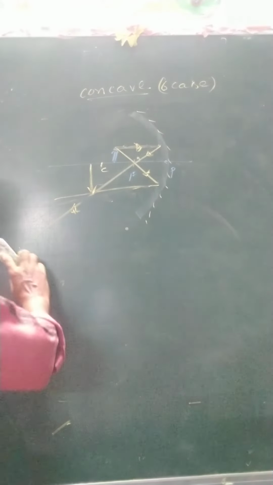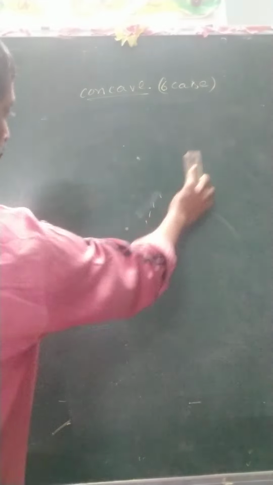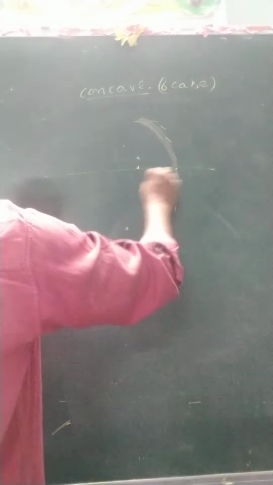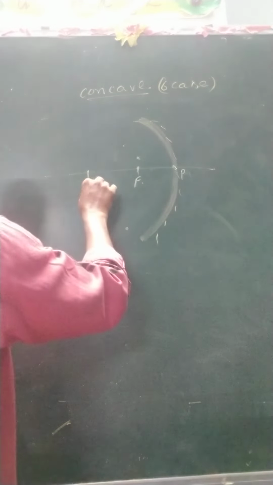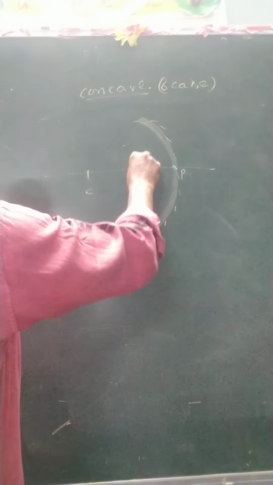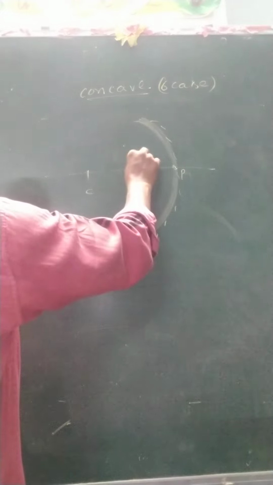And next one, object placed at focus. This is a concave mirror, you can assume. We can write pole, focus, center of curvature. Object exactly placed at focus.